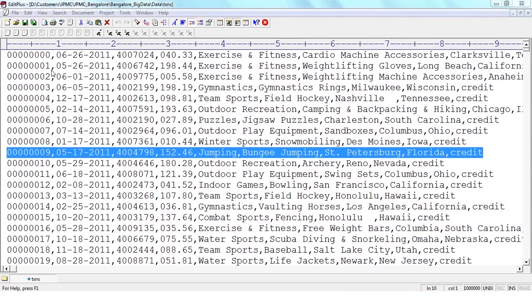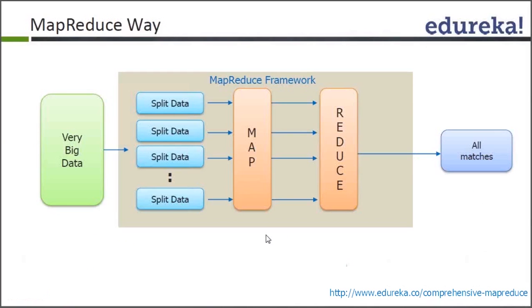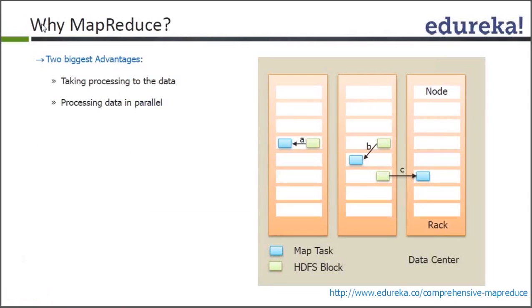So you will have to have a use case, or you will have to write the logic for identifying what is the key and the value. So this is the way you will think of an analysis. So in the map, you will go ahead and identify what you want. That will go to the reduce, and then it will throw out everything. So this is the MapReduce way.